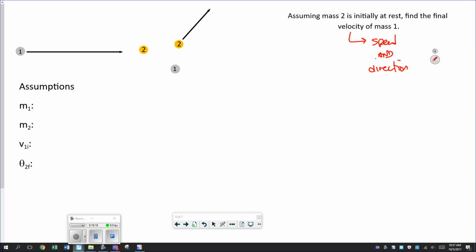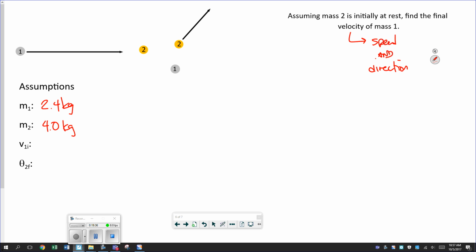And I'll just make assumptions for you. Let's say that m1 is 2.4 kilograms. Let's say that m2 is 4.0 kilograms.